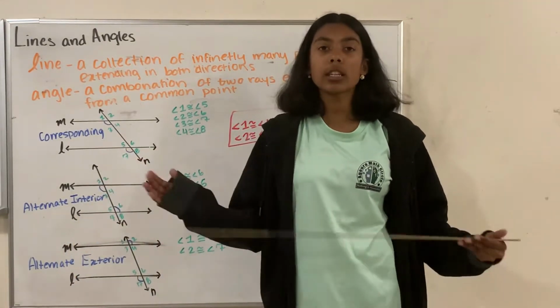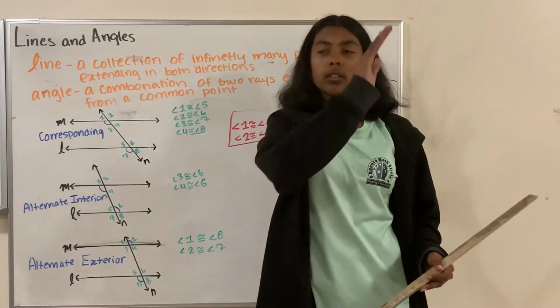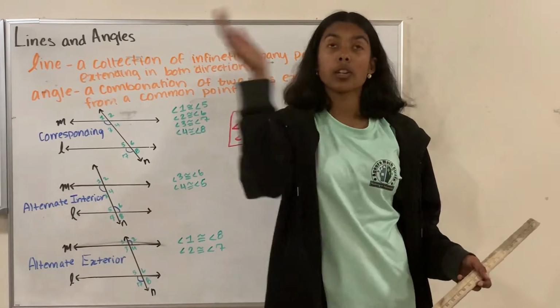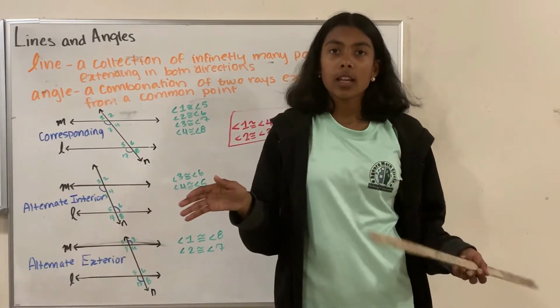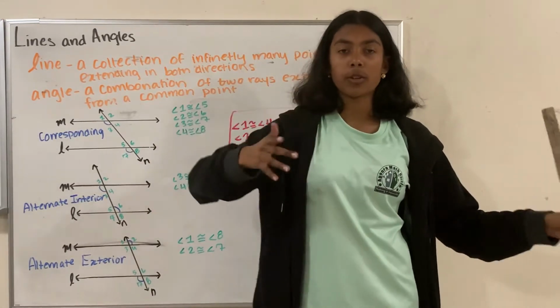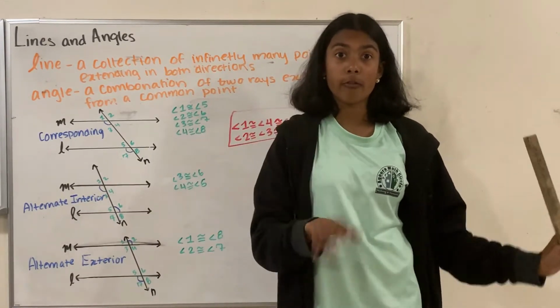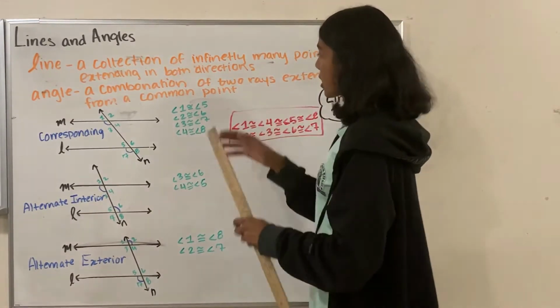Like if you were thinking of a graph and you have quadrant 1, 2, 3, and 4, then you have another graph, quadrant 1, 2, 3, and 4. The 1s would correspond, the 2s would correspond, the 3s would correspond, and the 4s would correspond. Same thing here.